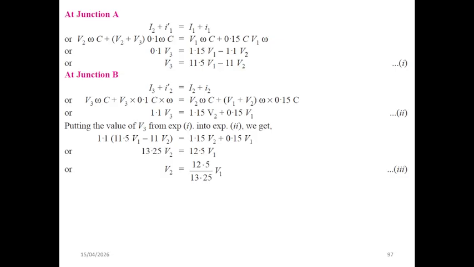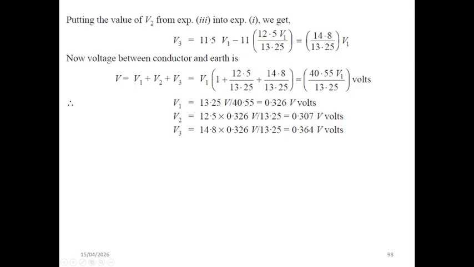Solving these equations, we finally have V2 equal to this. So with a step-by-step approach, we can analyze the circuit to determine the non-uniform voltage distribution across the insulator string.